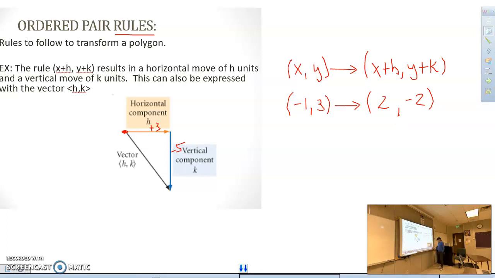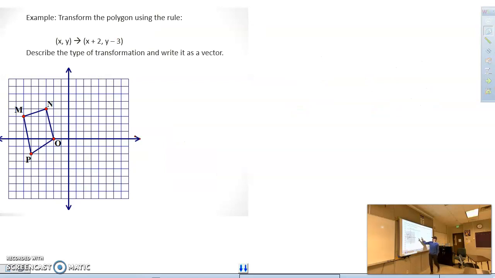Okay, next. So, for example, here's an example of a rule. So what you do is you take all of these points, you basically take this polygon, and you slide it over 2 and down 3. So why don't you pause and find all the new coordinates.